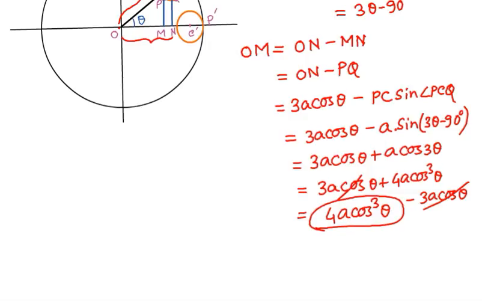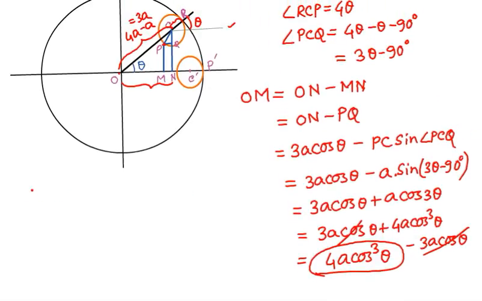Now let us come to the y coordinate of the point P. To find the y coordinate of the point P, we are interested in PM, that is the perpendicular on the x-axis. So PM can be written as the distance QN, and the distance QN can safely be written as the distance CN minus CQ.